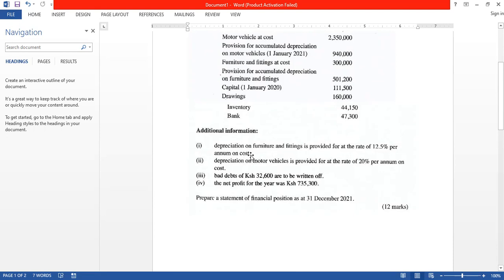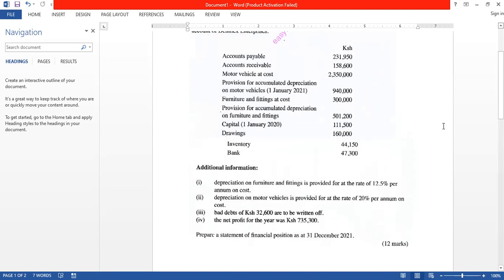In that question, what did we do? We simply did 12.5% times the cost of the furniture and fittings, which is 300,000, because we are told on cost, so we multiply by the cost.